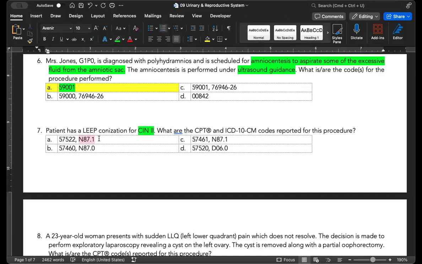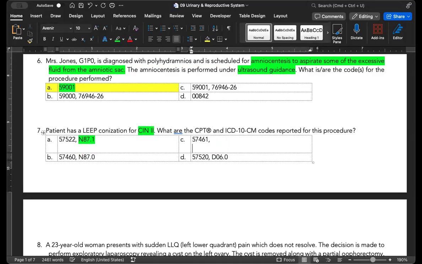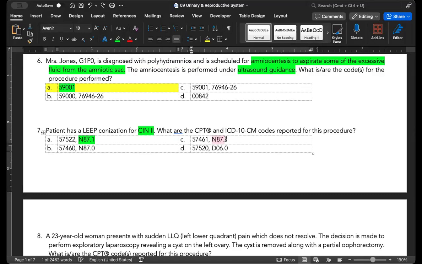So we know that N87.1 is our valid ICD-10 code for this scenario, so we can rule out B and D.